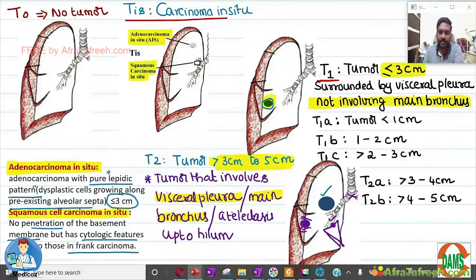You can see a tumor involving the visceral pleura or involving the bronchus, or it can cause atelectasis up to the hilum.